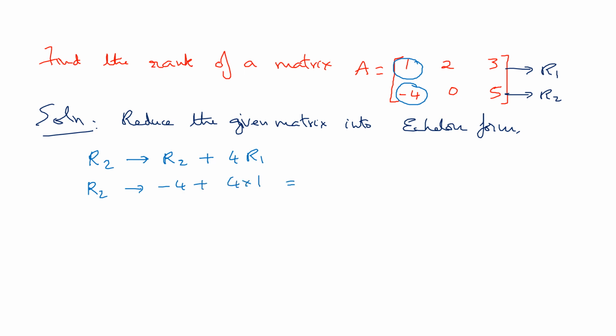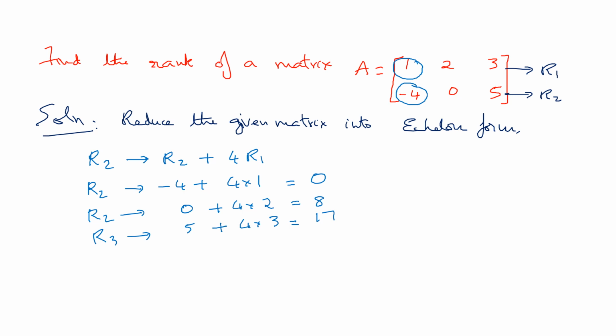Now you see minus 4 plus 4 is 0, right? In the same way, R2 is equal to 0 plus 4 into 2, that is, you get 8. R3 gives 5 plus 4 into 3, that is, you get 17.